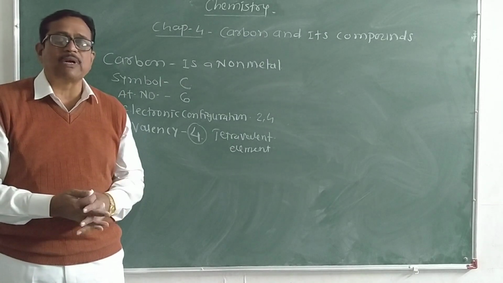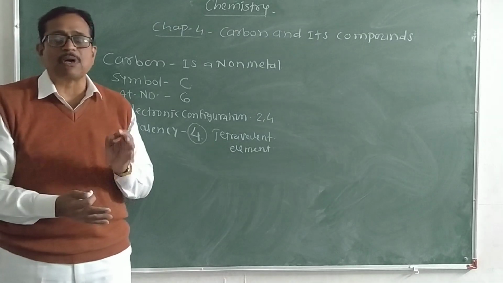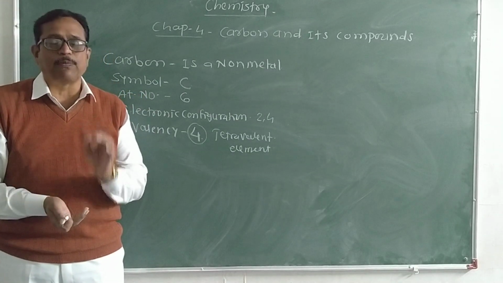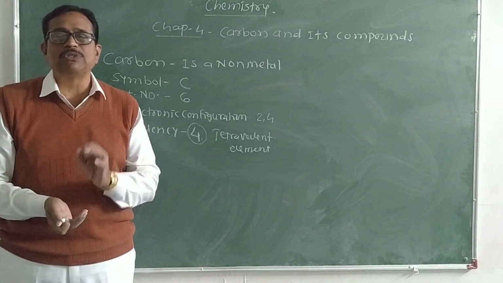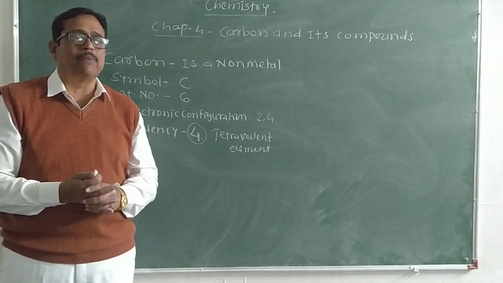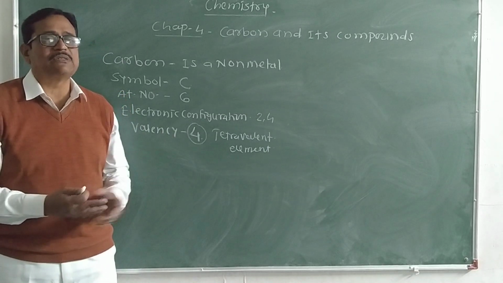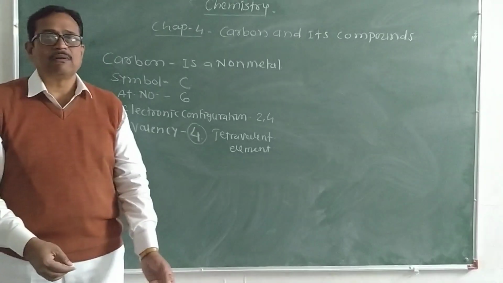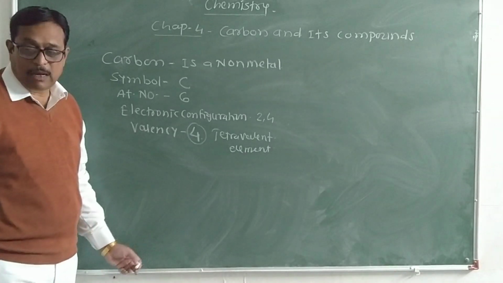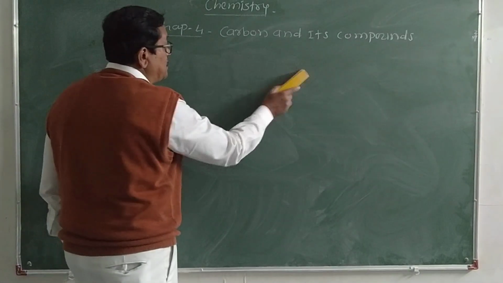For example, all the food contents are said to be organic compounds: compounds obtained from nature, from plants and animals, which contain carbon, are called organic compounds. Many compounds in nature contain carbon, and carbon is a tetravalent element; the valency of carbon is 4.